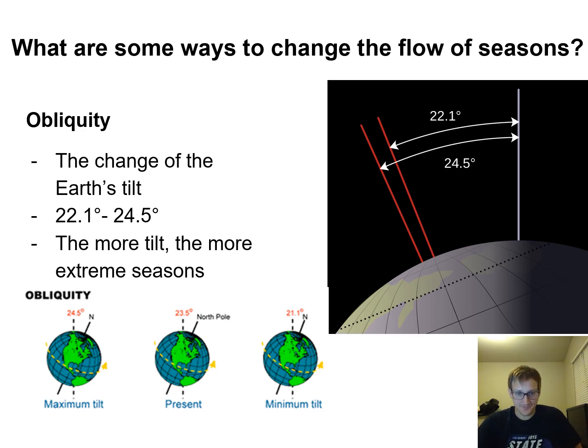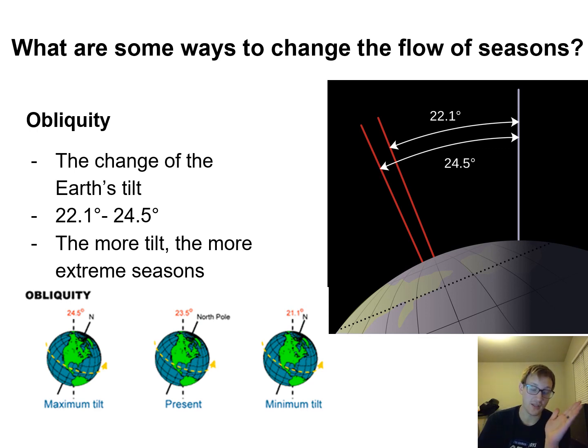But anyway, the more tilt, the more extreme the seasons, because if you imagine at 24.5, one full degree more, the sun in the summer will be up a lot more, and therefore we'll get a lot more heat, so we'll have hotter summers.